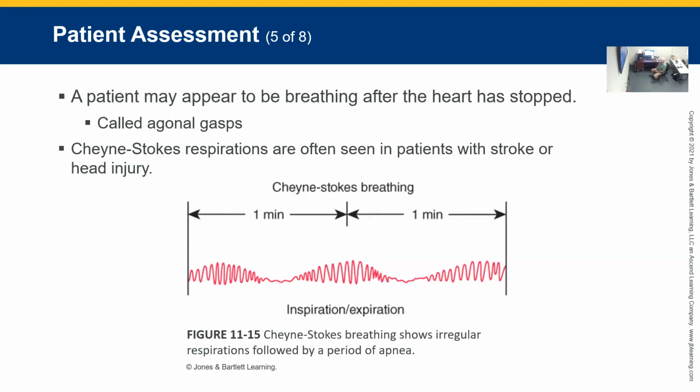Cheyne-Stokes, it says here, is sometimes seen with stroke or head injury, and it means it's been going on for a while, so they have some sort of brain injury. A lot of cancer patients, right before they die, will have Cheyne-Stokes respiration. What they do is they breathe very deeply and very fast, very hard for about 30 seconds, then they slow down and almost stop breathing.